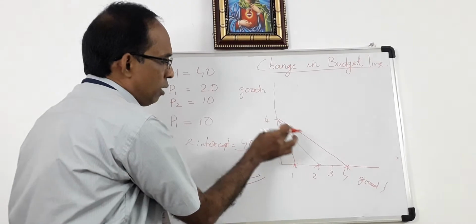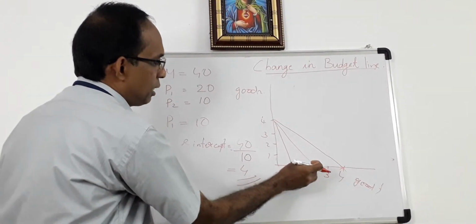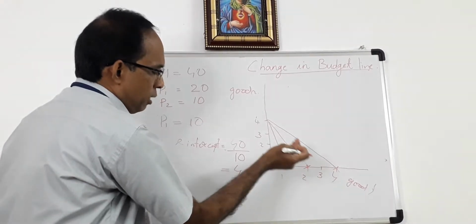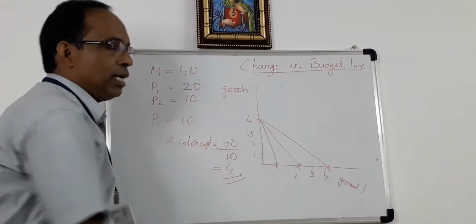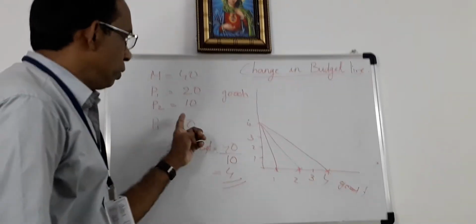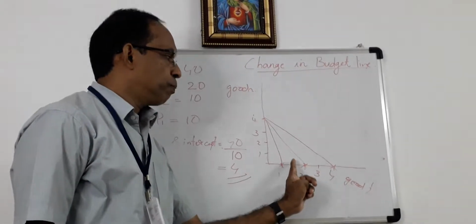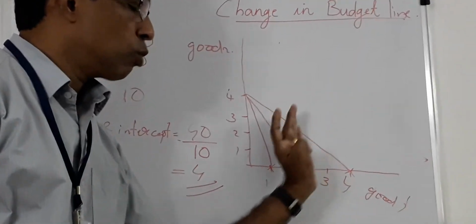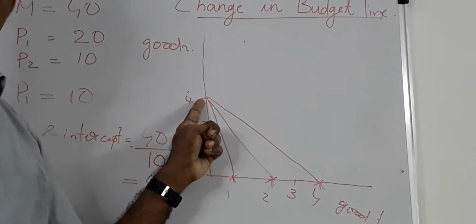When P1 increases, the budget line pivots leftward without any change in the y-intercept. And when P2 decreases, the budget line pivots rightward around the x-intercept without a change in the y-intercept.